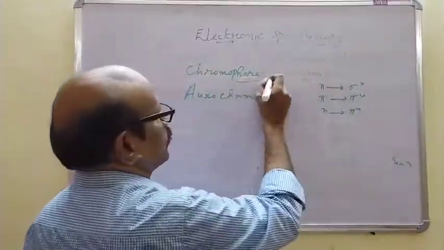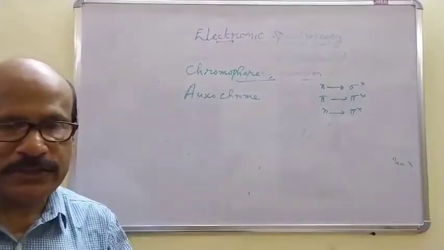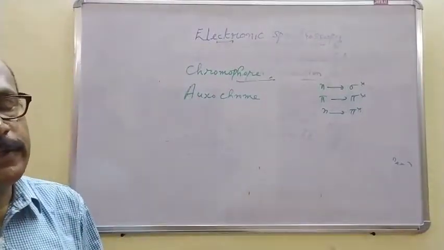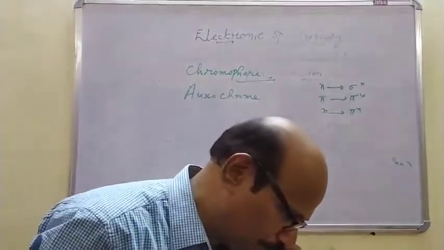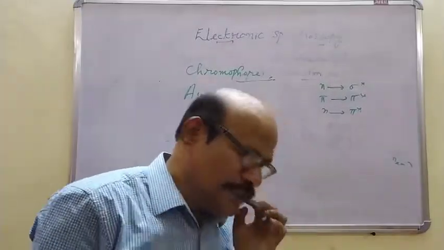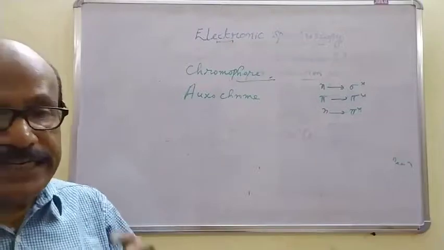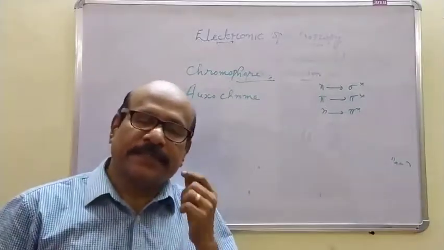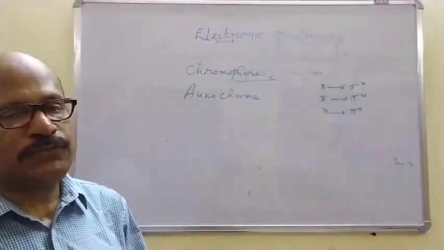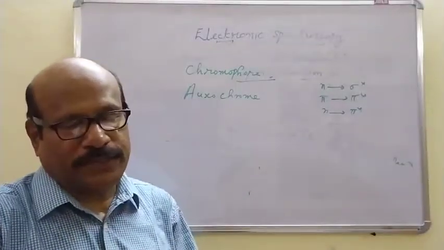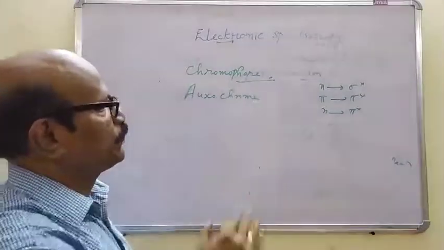So there are certain isolated functional groups in a molecular species which are not in conjugation with any other group. That is why they are called isolated. An isolated or independent functional group present in a molecular species which is responsible for the absorption of light at a particular frequency is called a chromophore.